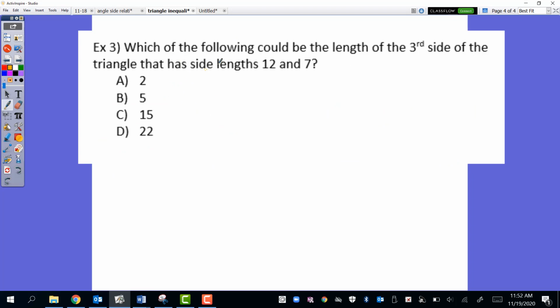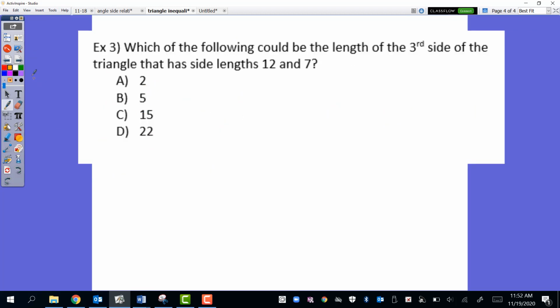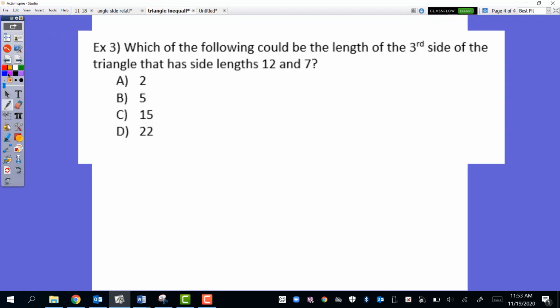So number 3 is like what you would expect to see on a test. This one says, which of the following could be the length of the third side of the triangle that has side lengths 12 and 7? So this is very similar to the previous question, but now they're asking for a specific number. Which of these numbers is in this range? Okay, so I'm going to set up my little range again. Our third side is between this number and this number. How do I get those numbers?